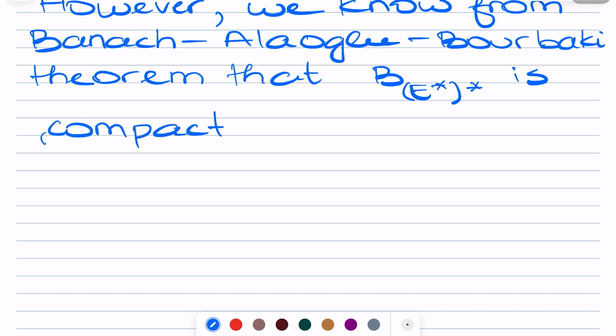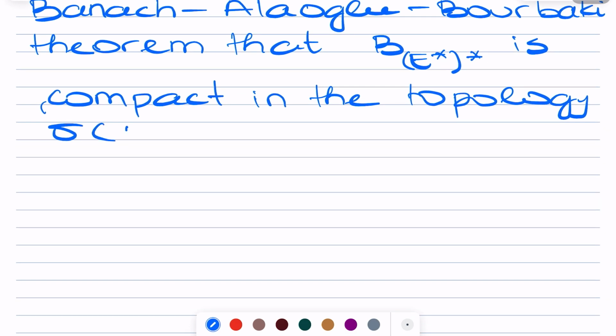It's compact in the topology sigma(E star star, E star). So therefore, I think it is enough for us, because remember what we want to show. We want to show that the closed unit ball in E is actually compact in the weak topology.